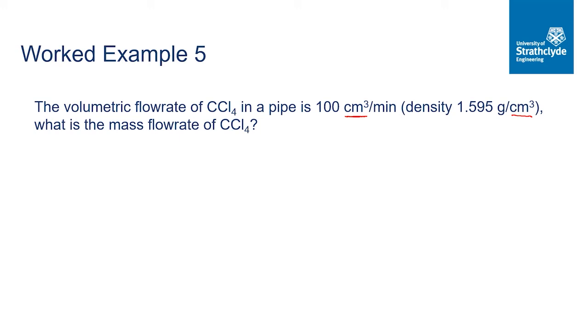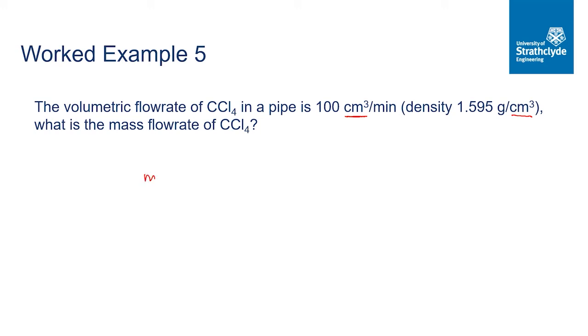And the units of our mass flow rate, have a think about what those might end up to be. And once you've had a thought, you might have realized that our mass flow rate that we'll obtain will be in grams per minute. And since the question doesn't ask us for a particular unit for our mass flow rate, we can just assume that's correct.